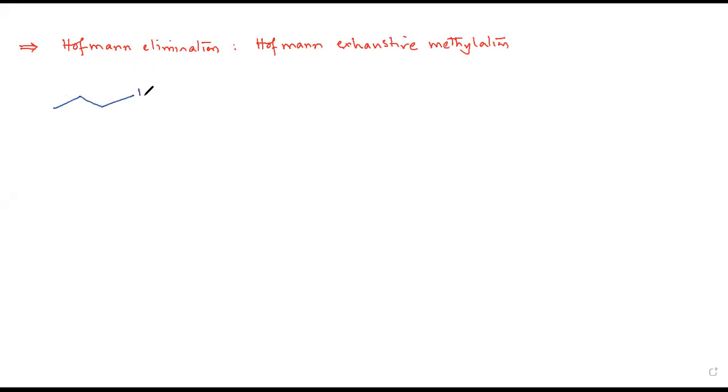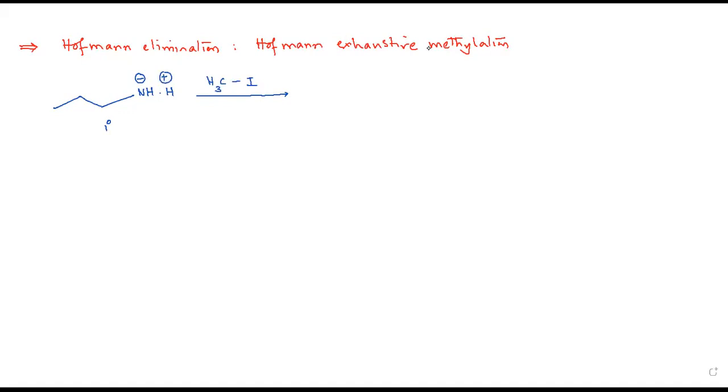This is a primary amine. In fact, it has to be NH2, but for convenience sake, I've taken it as NH minus, H plus, so that I can show you the way the reaction proceeds.